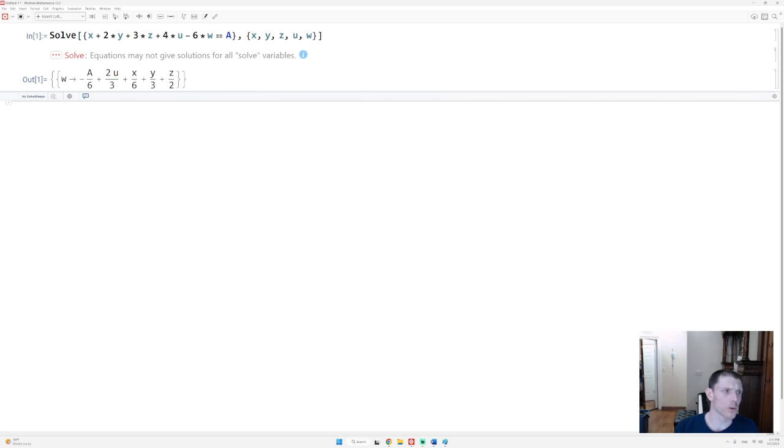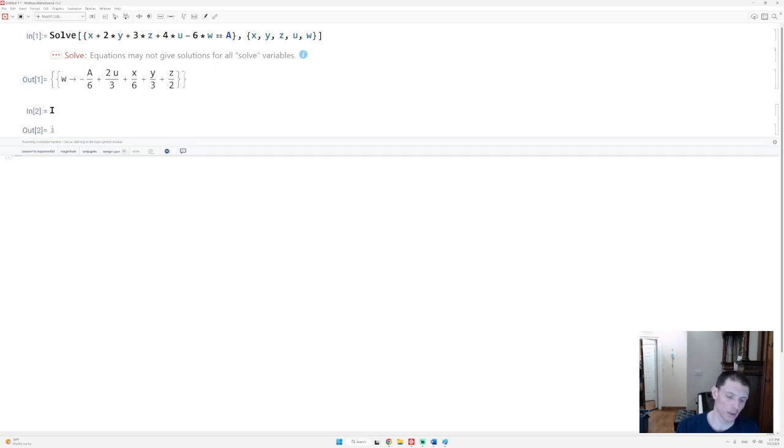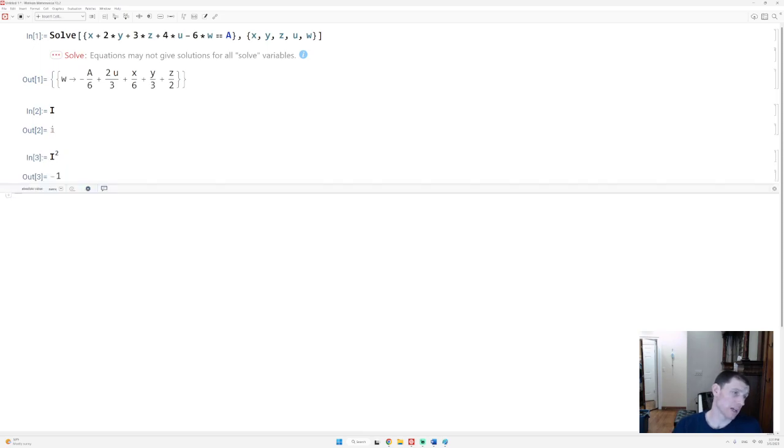Another thing to note really quickly is that if you try to use I, just a capital I, Mathematica is going to interpret this as the imaginary unit. So Mathematica takes capital I to be the square root of -1. And as far as I'm aware, you can't change this. Just to prove this to you, if I put I squared in, it gives me back -1.